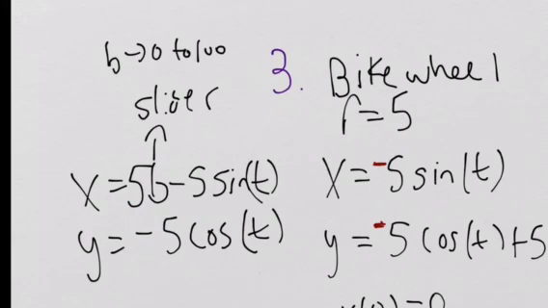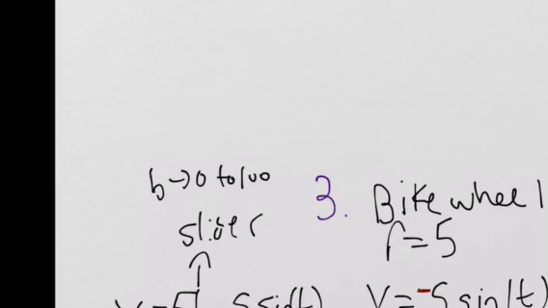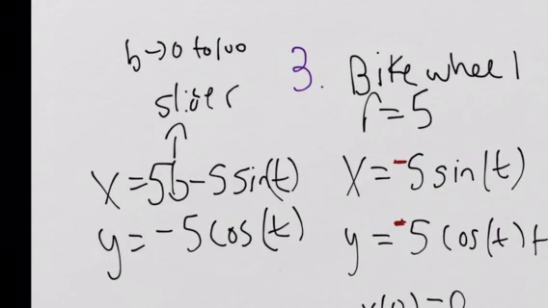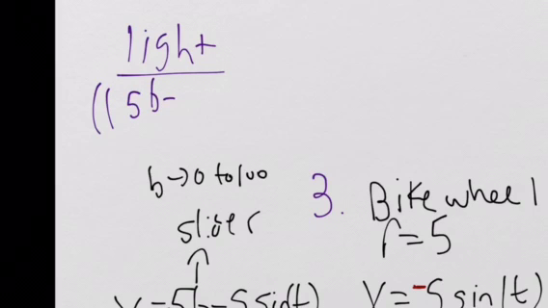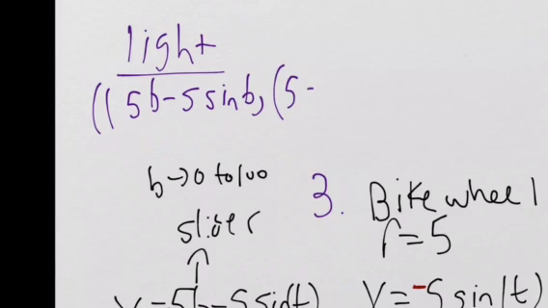So all we have to do for the actual light is copy all this down, but just replace t with that slider b. So what you're going to type in is 5b minus 5 sine b, comma, and then put this in parentheses too, 5 minus 5 cosine b.